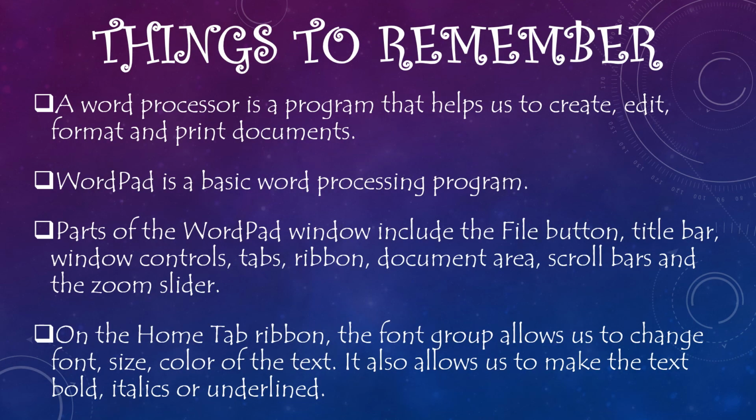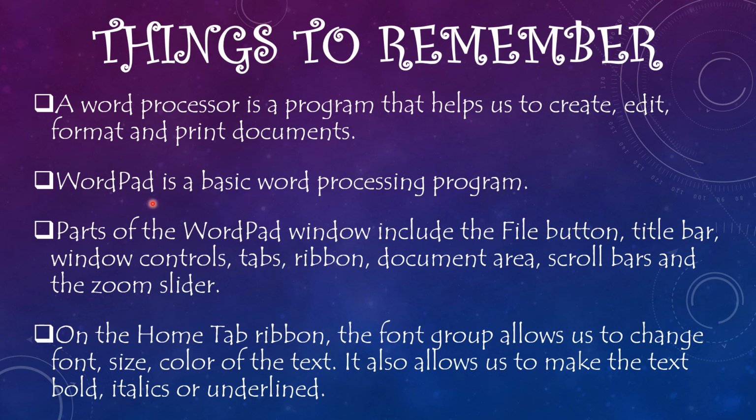Now at the end of the chapter, these are the things you have to remember. What is a WordPad? A word processor is a program that helps us to create, edit, format and print documents.